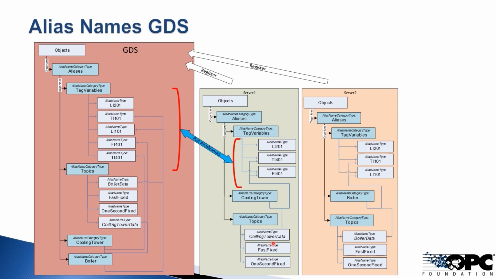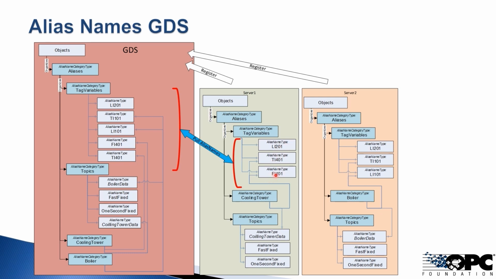So the tree here of the nodes in the server are then combined and coalesced into the tree of alias names in the GDS.